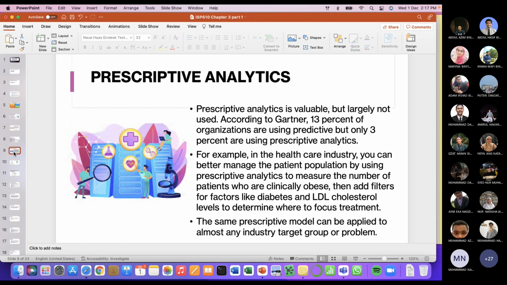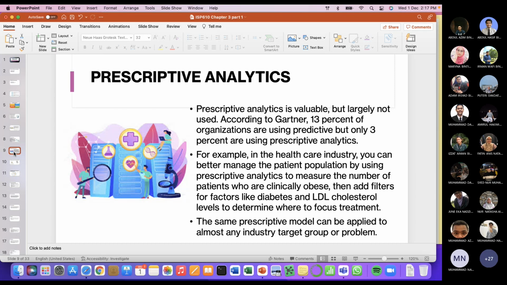However, in the real world, usually people tak pakai sampai prescriptive analytics. They will always use sampai predictive sahaja. Because doing prescriptive analytics tu, yelah, need more in-depth analysis kan. So agak susah. That's why some companies look for data scientists untuk come out with this.